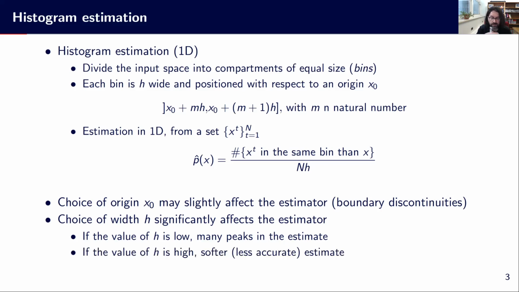And like I said before, if we have wide bins, so if the value of H is high, we have a much softer, a much better estimation, but it is much less accurate in terms of the value because the bins are really big, and we are approximating everything in that bin as one value.